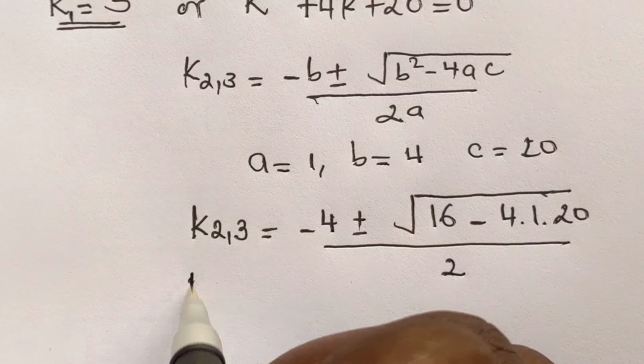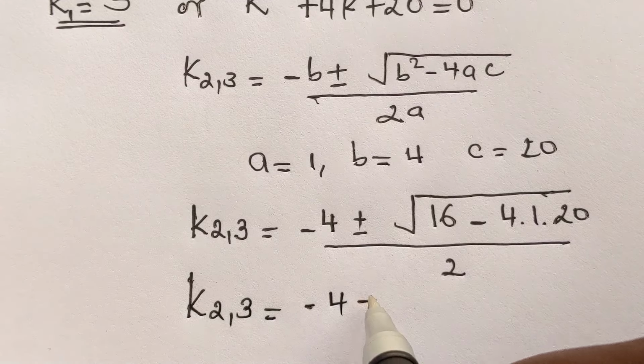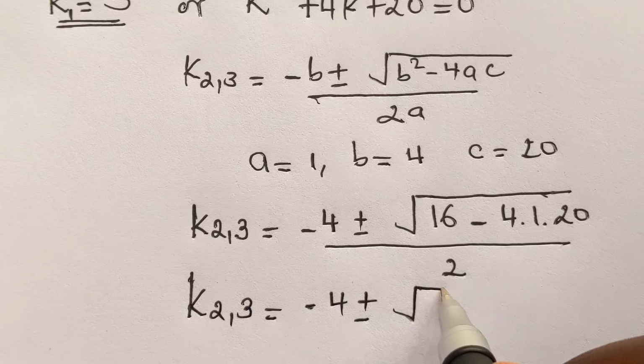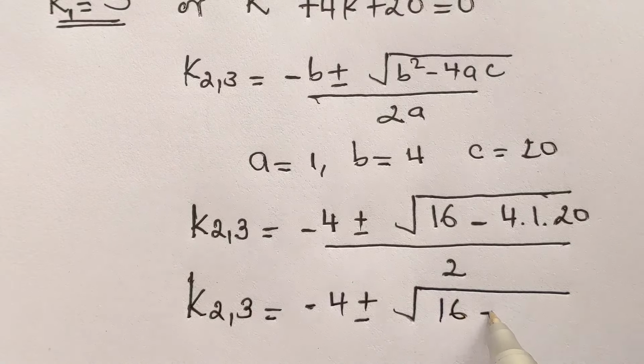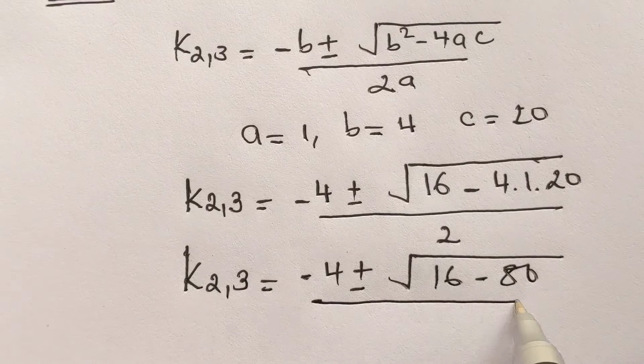And here we can find k2 or 3 will be negative 4 plus or minus square root of 16 minus 80, over 2.